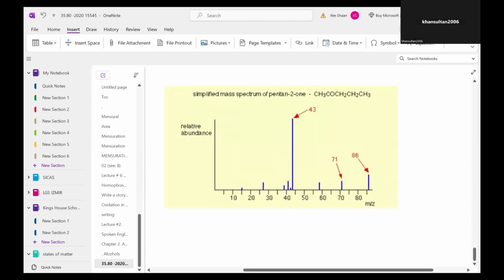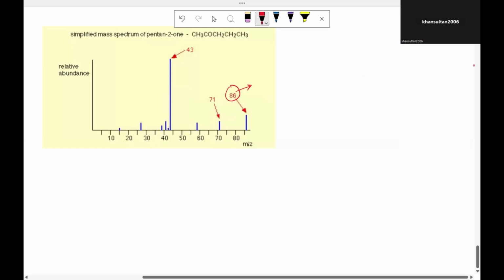And we have discussed that at the rightmost position, we are going to have the total molecular mass of a molecule or compound. So let's see from where these peaks are going to come. First of all, its molecular formula is CH3COCH2CH2CH3.